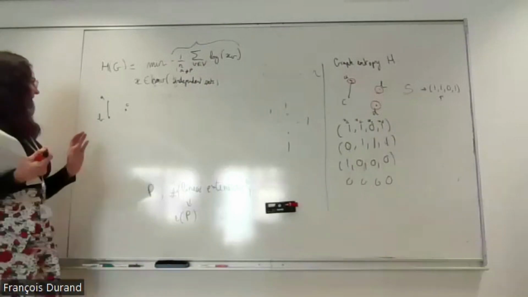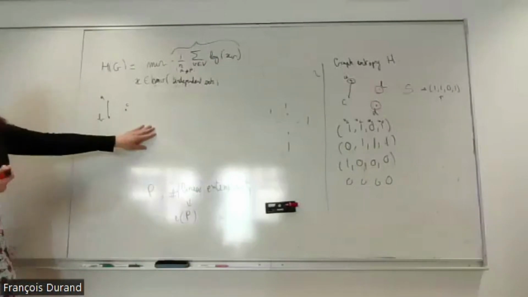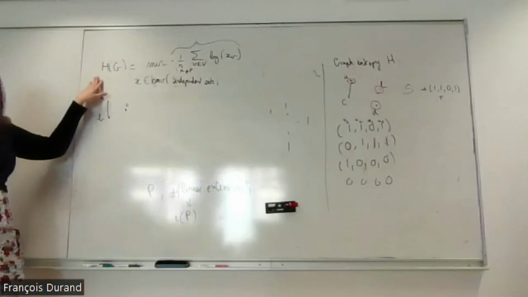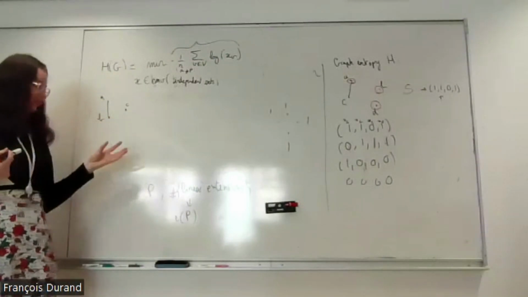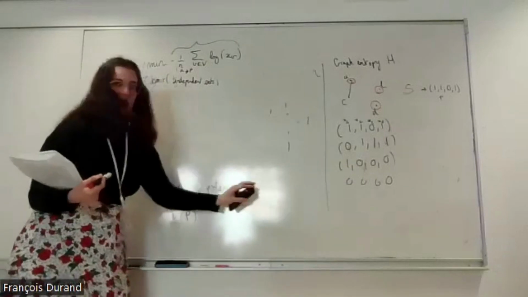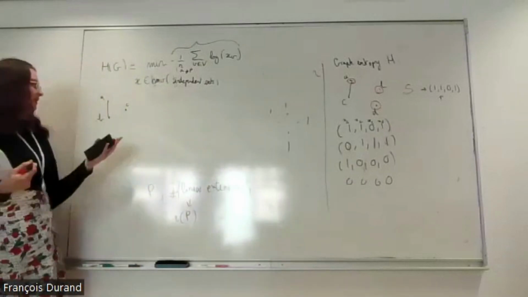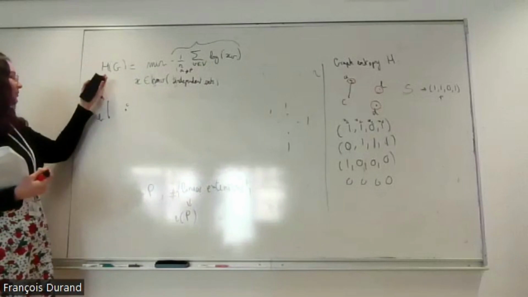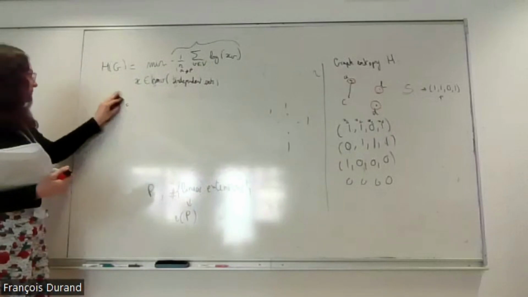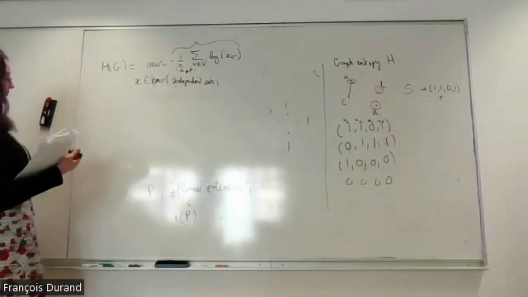No, it's okay. So what is it? Here, this is the definition for graphs in general, but for the case of posets and of sorting, we are going to apply this to what we call the graph of incomparability.